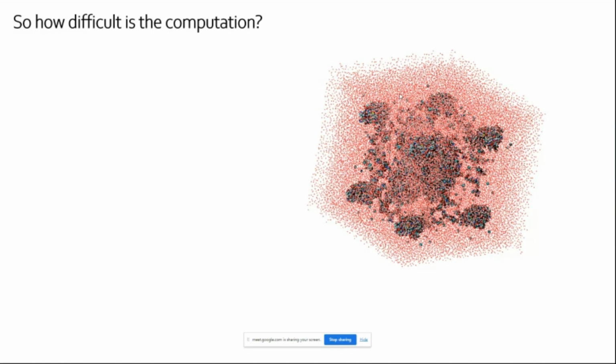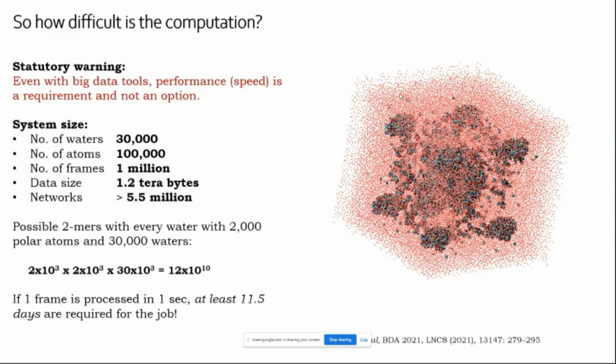So the question is how difficult it is. It doesn't sound very difficult, probably. But even if you have big data tools that can work on a very large number of systems and cores, this is such a problem that you cannot really write very simple code and get away with it.